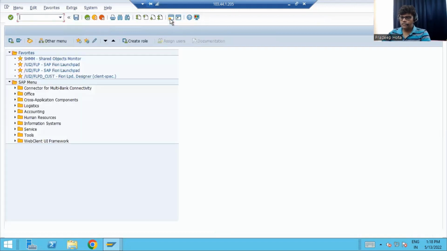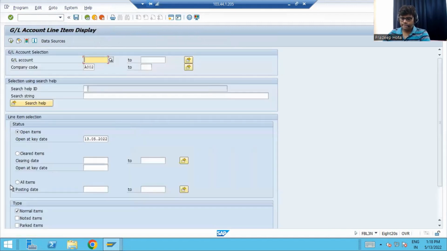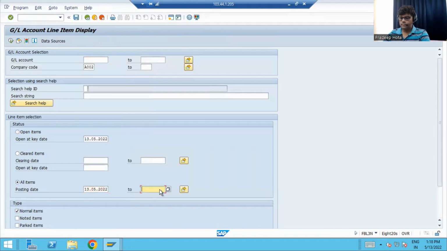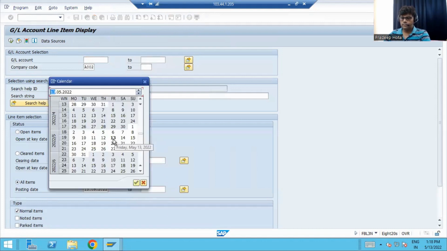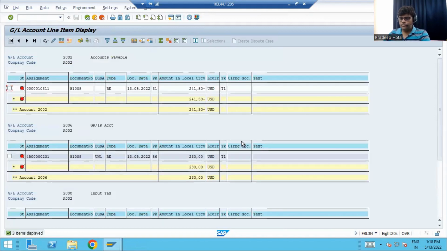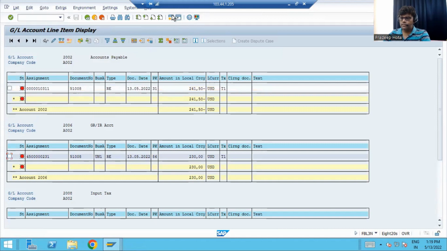Also, you can see the FBL3N GR entries. Okay, so this is your reconciliation account, accounts payable updated, and this is your GRIR account having the debit balance and the tax amount.